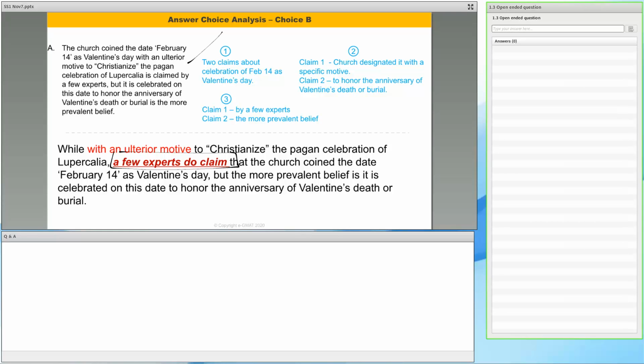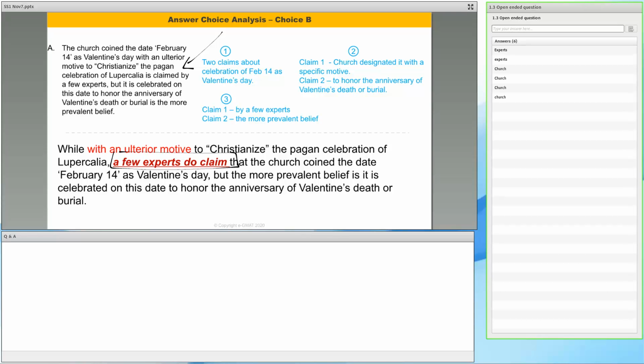This is your original sentence, by the way. According to the original meaning, who had that ulterior motive? Was it the church or was it the experts? It was the church. What does this choice say? Who has the ulterior motive in this choice? The experts. Can this choice be correct?